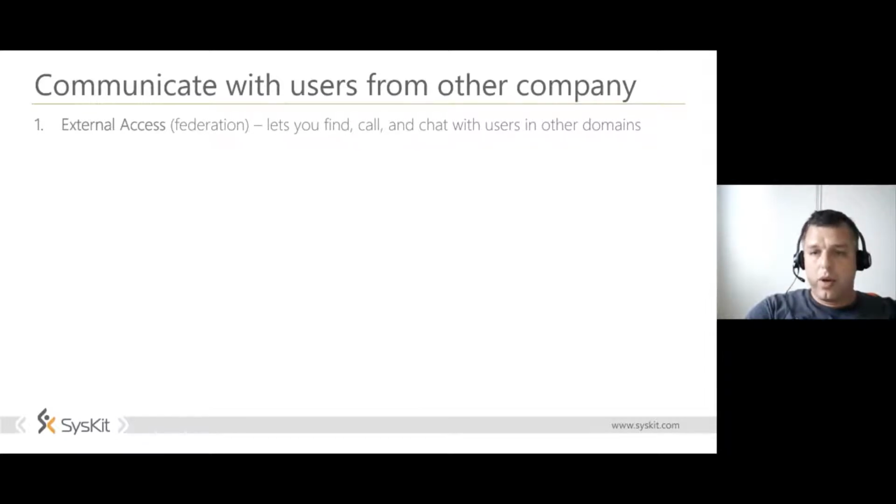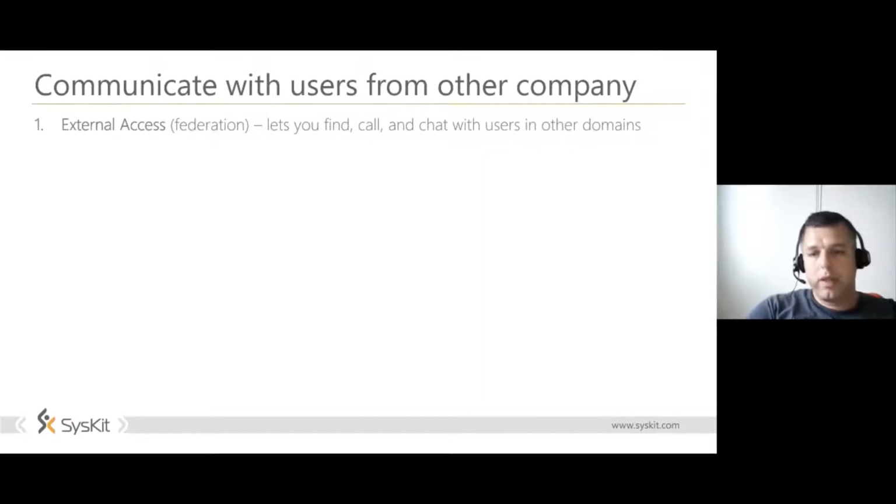External users have no access to your organization's teams or team resources. I recommend selecting external access when you want to communicate with external users who are still on Skype for Business, for example, online or on-premises. External access is turned on by default in Teams, and this means your organization can communicate with all external domains.